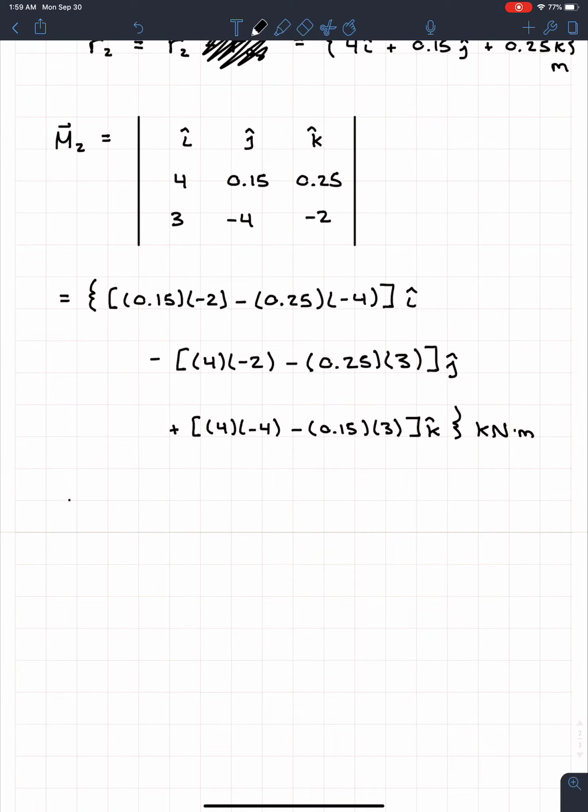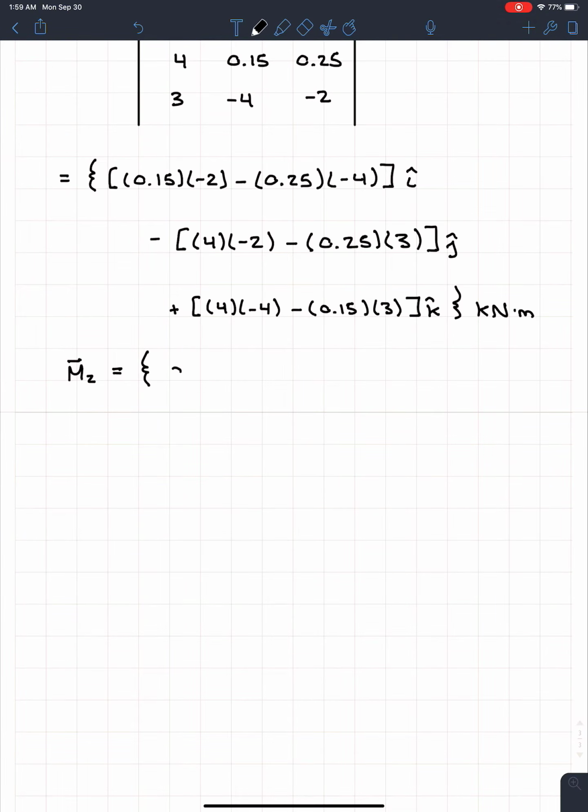So we know that M2 is going to be equal to, and in brackets, and what I get, after doing all the math, is 0.7i plus 8.75j in the j direction, and then minus 16.45 in the k direction. And the brackets, and this of course is going to be units of kilonewton meters. So first step is done.